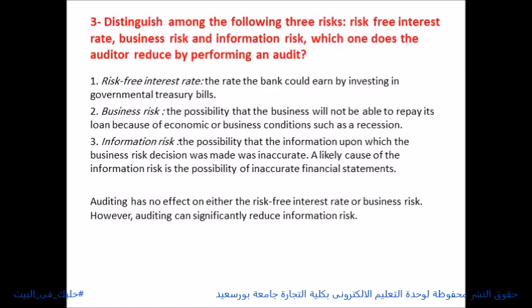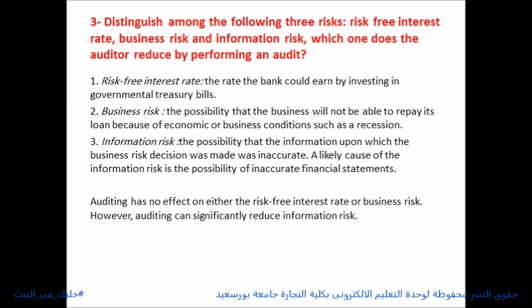Number 3. Distinguish among the following 3 risks: risk-free interest rate, business risk, and information risk. Which one does the auditor reduce by performing an audit? Number 1. Risk-free interest rate. The rate that the bank could earn by investing in governmental treasury bills. Number 2. Business risk.